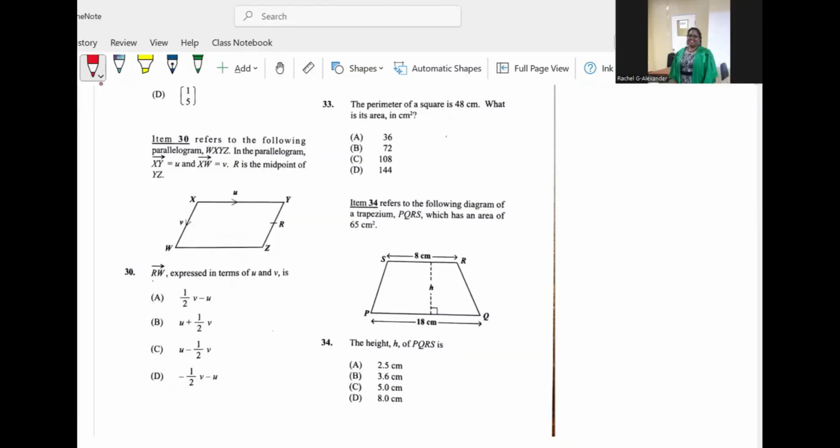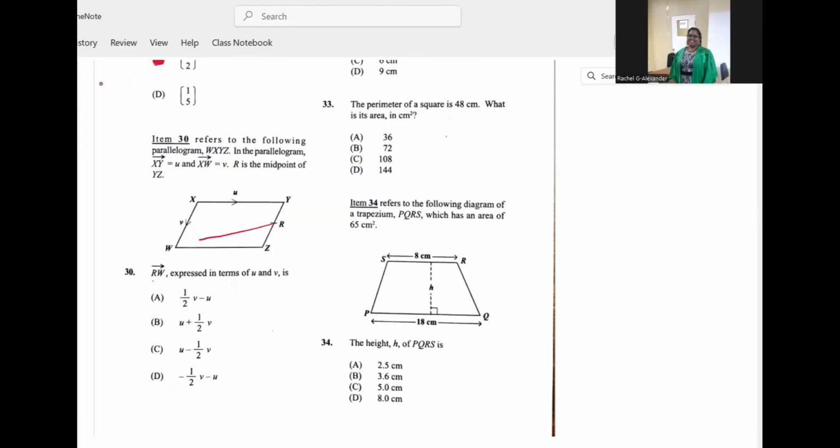To get from R to W, I have to go from R to Z. RW equals RZ plus ZW. So you're finding a triangular path to get from one point to the next, right? You're watching the direction.